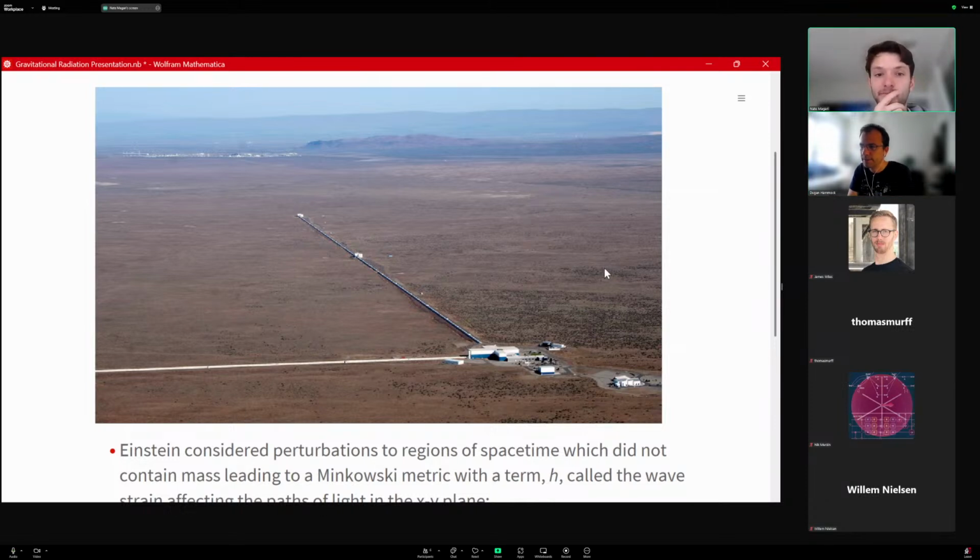I think it would be possible with one leg to measure changes in that direction. But the problem is if you only have one, then you don't have any information about the polarization of the wave. You just know that there's some kind of wave strain passing through, but it doesn't tell you how it's oriented at all.